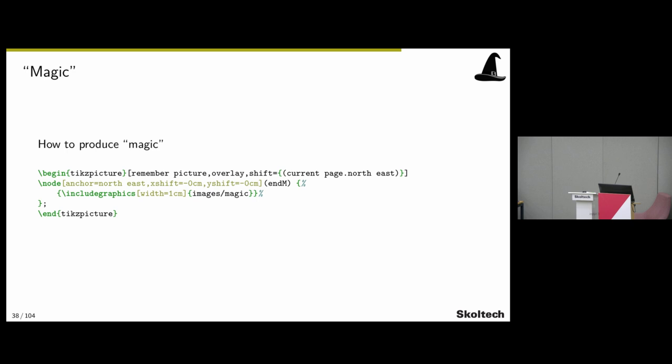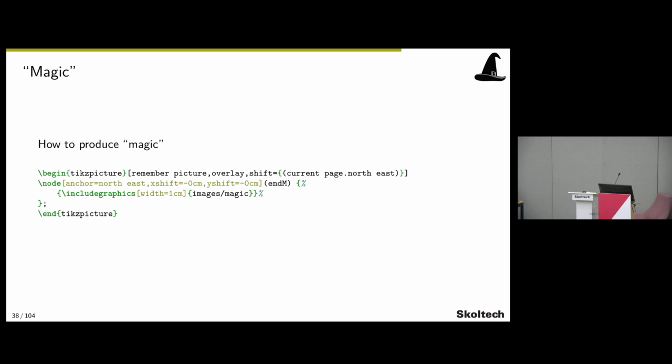Remember, the picture means that we will kind of remember this command for future use. Remember how we placed this head. Overlay means that this head goes above all the information on the slide. What do we have inside this picture? We first define the node with the name end M. We will use this node later for our future graphics.